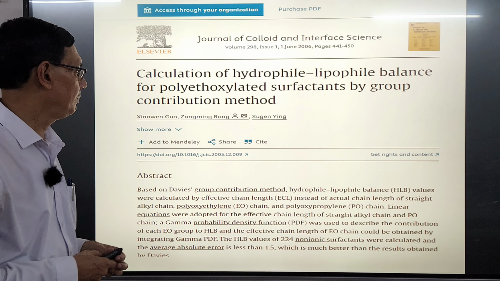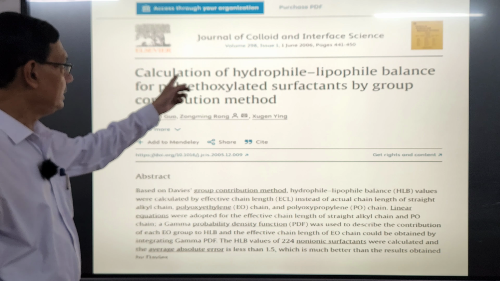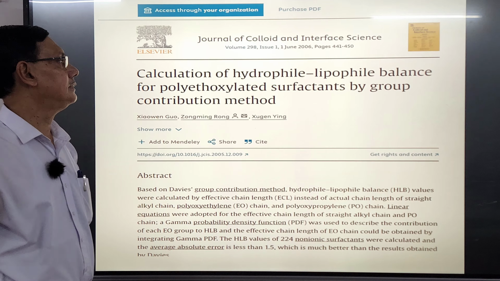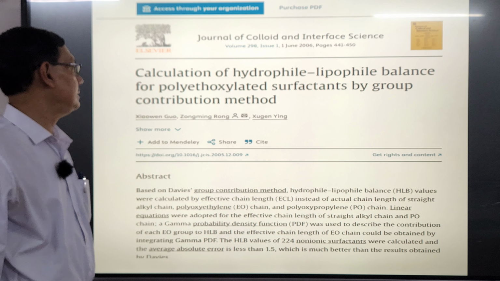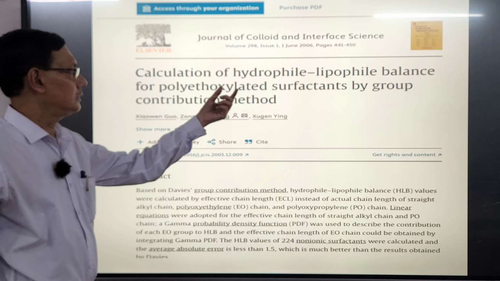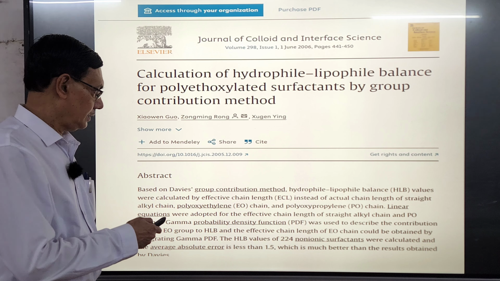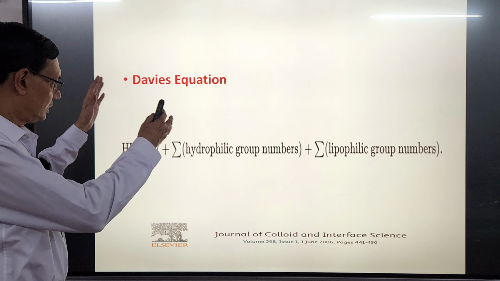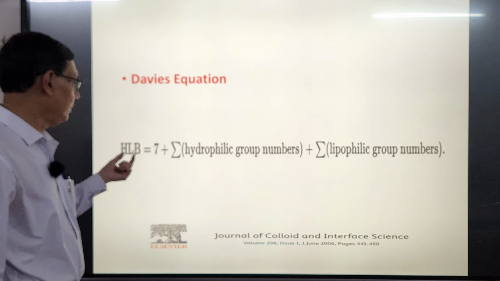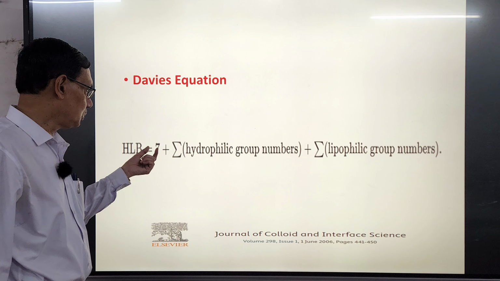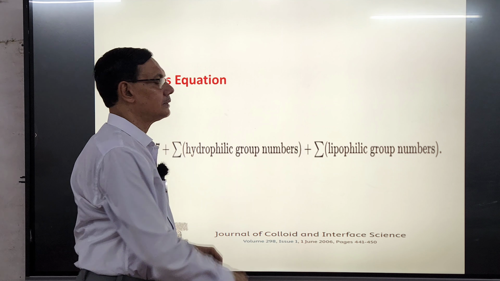I have also referred to one of the important research papers published in the Journal of Colloid and Interface Science, the calculation of hydrophilic and lipophilic balance of polyoxyethylene surfactants by the group contribution method. Of course, it is based on the Davies equation: HLB is equal to 7 plus the summation of hydrophilic group numbers.